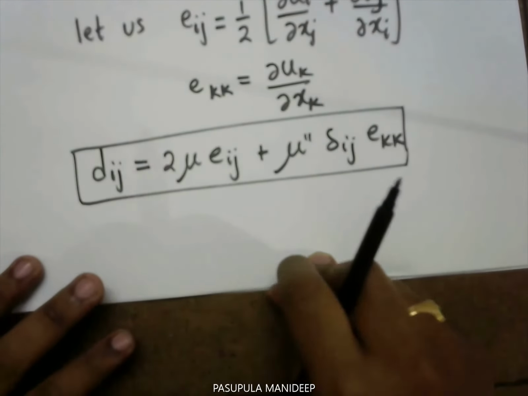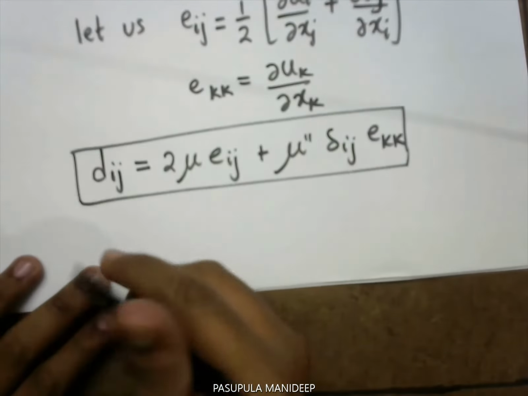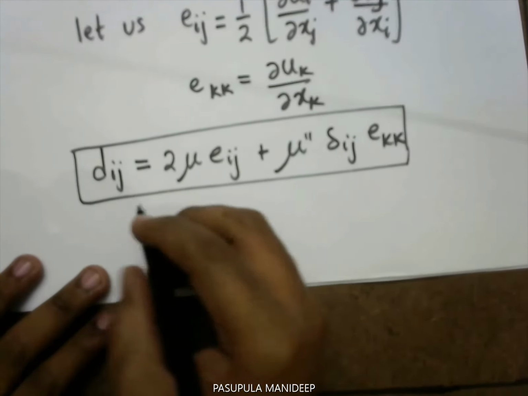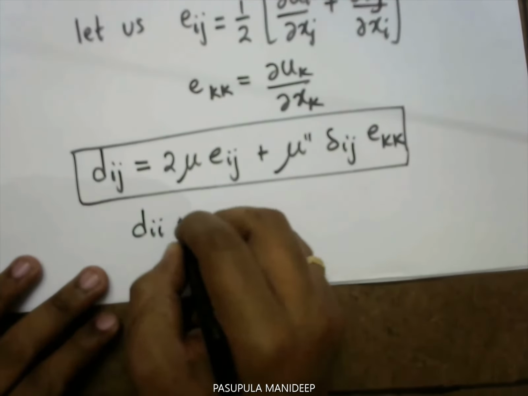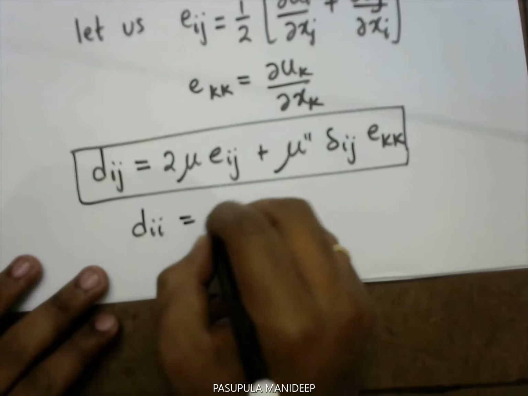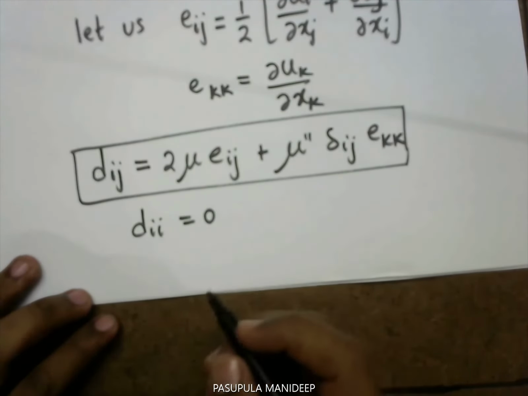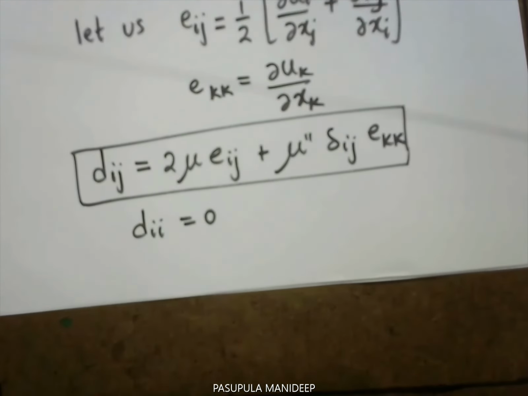Now using the property of the deviatoric stress tensor, the trace of the deviatoric stress tensor dii will be equal to 0, because the sum of the diagonal elements of the deviatoric stress tensor will be equal to 0.